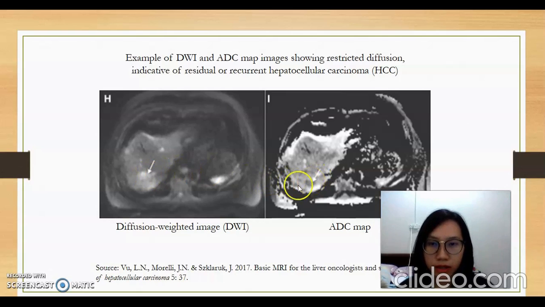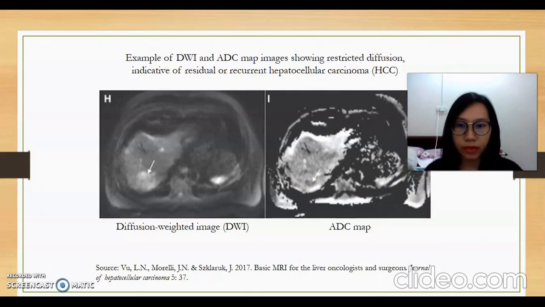If there is restricted diffusion, in DWI we will see high signal intensity, but in the ADC map you will see low signal intensity. And this picture actually indicates residual or recurrent hepatocellular carcinoma. This picture is taken from the journal by Wu et al.